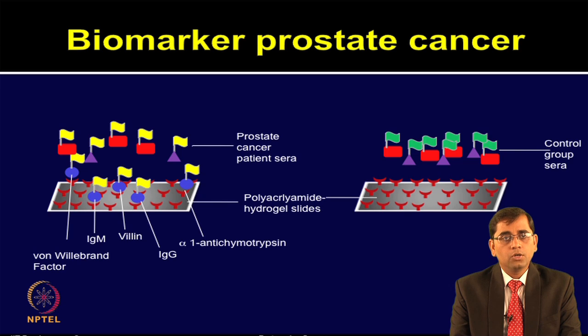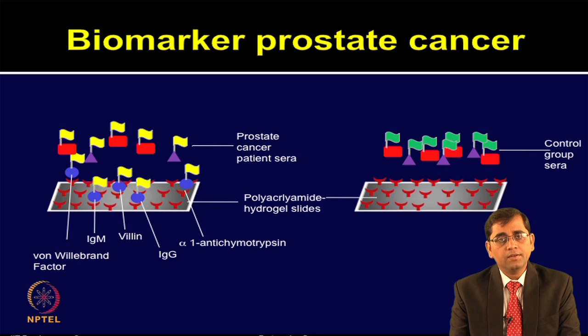Investigators used robotically spotted 184 unique antibodies on polyacrylamide based hydrogels and poly-L-lysine coated glass slides, which they probed with sera from prostate cancer patients and healthy individuals.